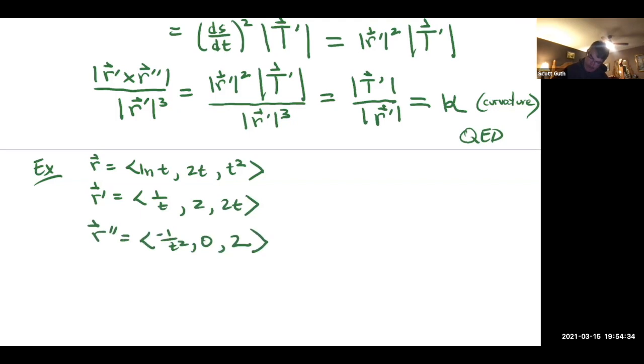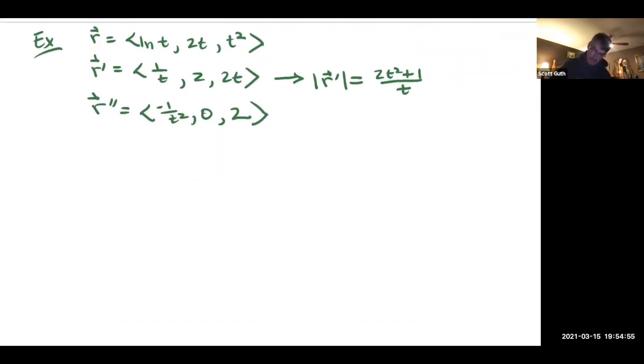Also, while we're at it, let's remind ourselves that the magnitude of R prime, we did it a couple of different ways, but let's write it as this one, (2t squared plus 1) over t, like that. Okay, I'm going to compute kappa again, but this time I'm going to use the R prime cross R double prime formula.